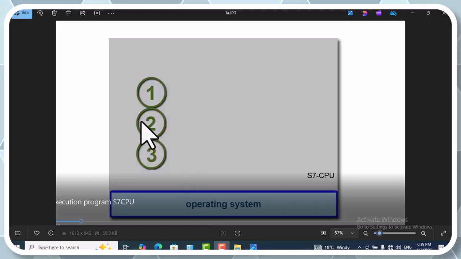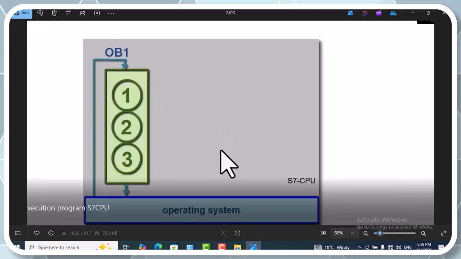So my friends, if we have three tasks and we want to execute them continuously, we must store them and run them from our OB1 block, and the operating system starts it in a cycle: first the first task, then the second task, and then the third task, and then again from the first task to the third.